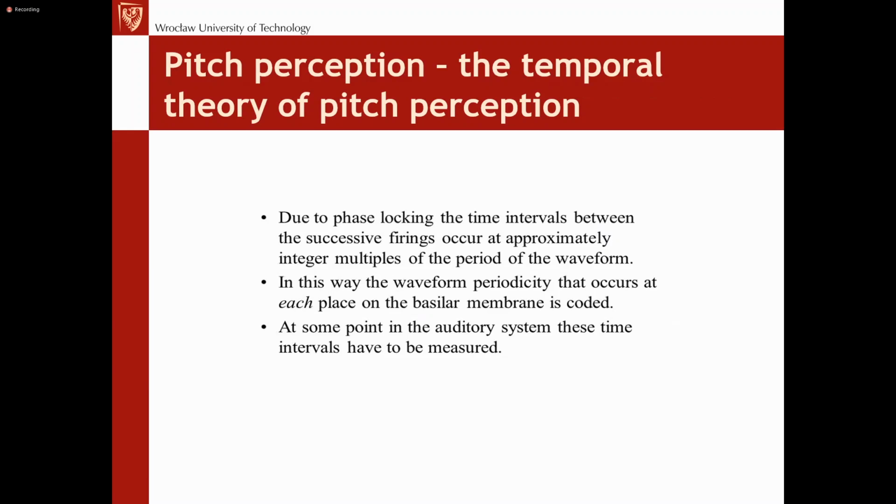So in this way, the waveform periodicity that occurs at each place of the basilar membrane is coded as a number of neural impulses, and at some point in the auditory system, these time intervals have to be measured, and on the base of these results of the measurement, some pitch impression is created.